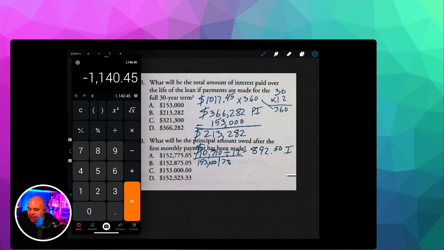We already knew that the monthly P and I is the 1,017.45. So that PI minus the 892 interest gives us principal of $124.95. And we subtract that from the loan amount of $153, which gives us $152,875.05.